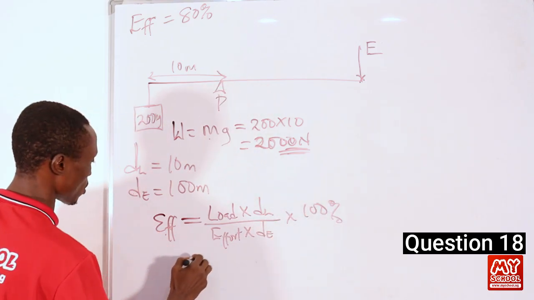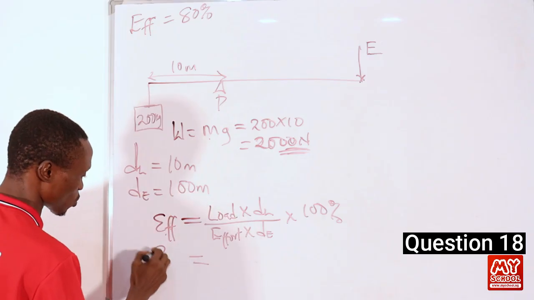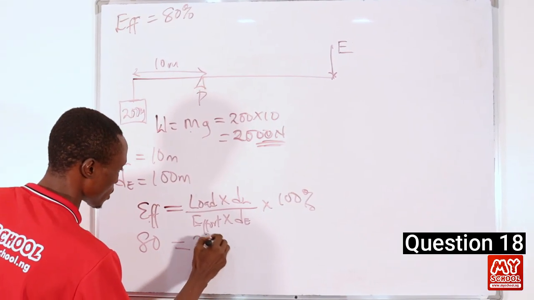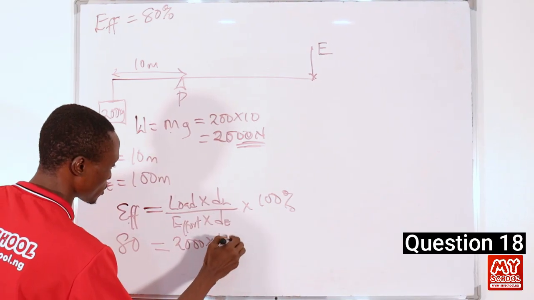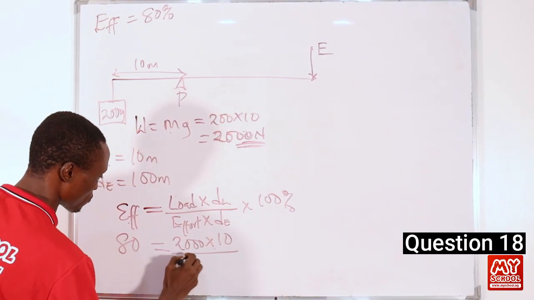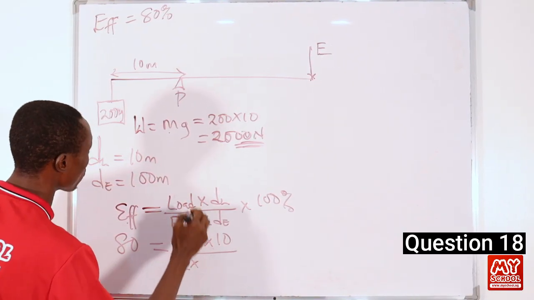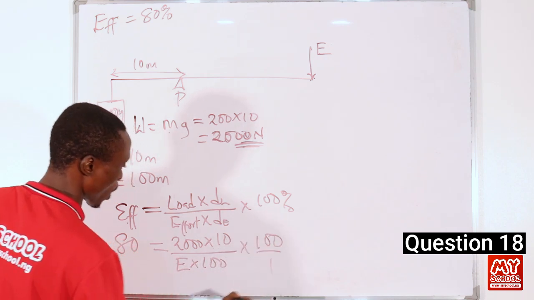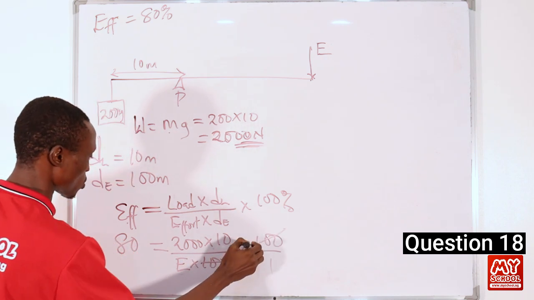So let's substitute our given values. We know that our efficiency is equal to 80, then load is 2000, times distance moved by load, which is 10, over effort, what we are looking for, times distance moved by effort, which is 100, times 100 over 1. So the 100 here, we cancel out 100.